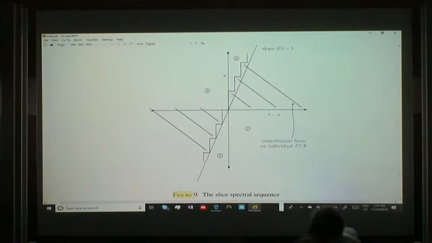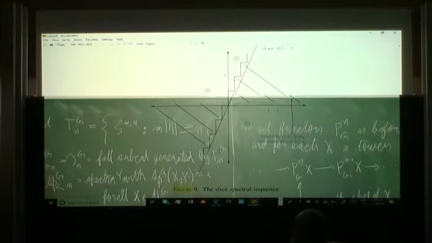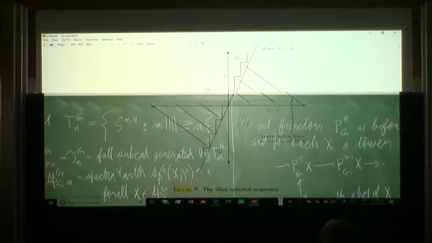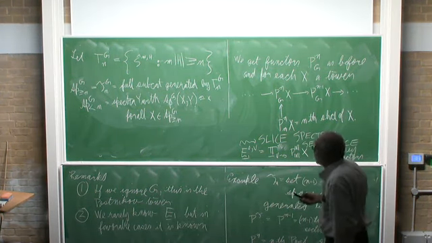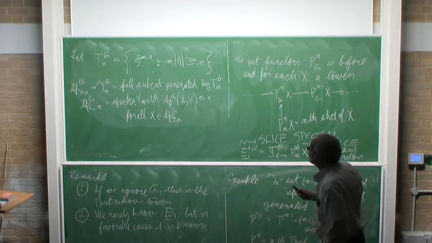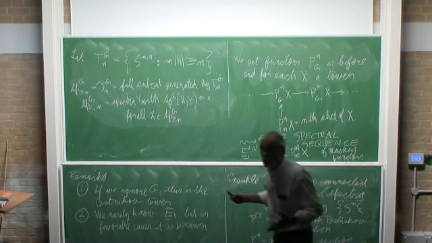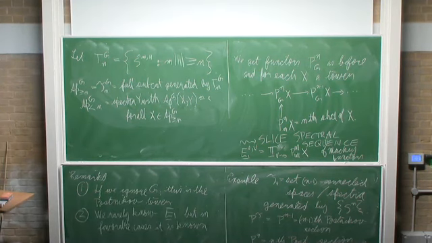And the reason for that is, I've erased my definition of the slice spheres, but these slice spheres were defined in a certain way. If you take a slice sphere and suspend it, just an ordinary suspension, it's not a slice sphere anymore.